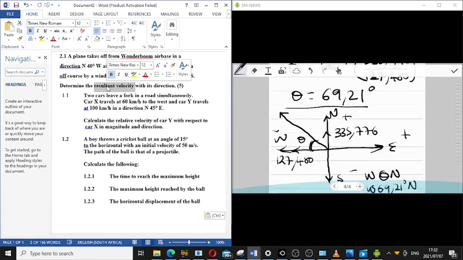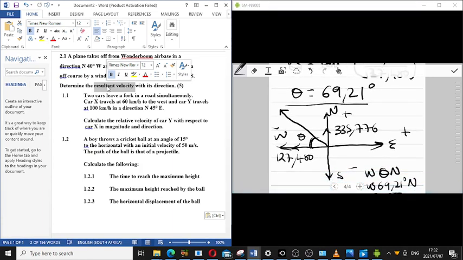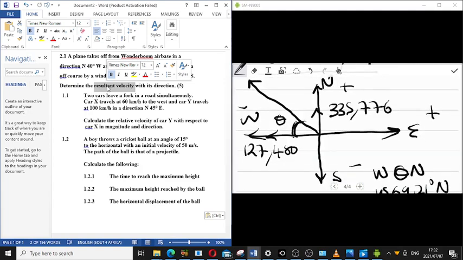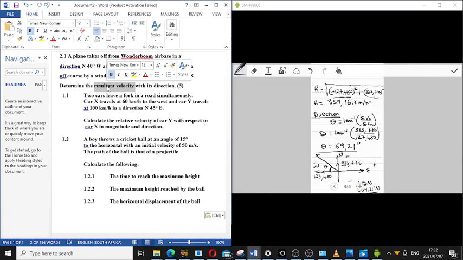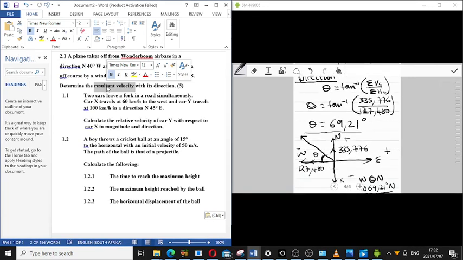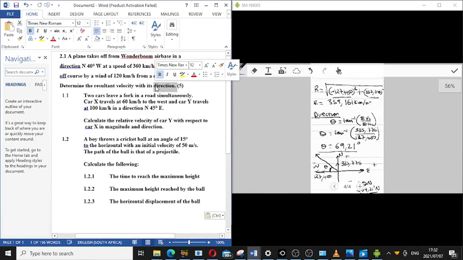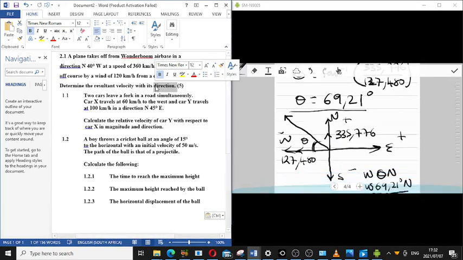That would be our direction in this case. As you can see, west 69.21 degrees north. Thank you.